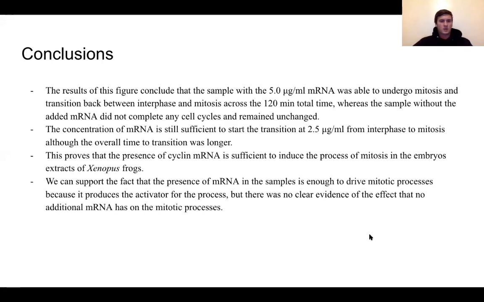So for the conclusions, the results of this figure conclude that the sample with the 5 microgram per milliliter mRNA was able to undergo mitosis and transition back between interphase and mitosis across the 120-minute total time period, whereas the sample without the added mRNA did not complete any cell cycles and remained unchanged. The concentration of mRNA is still sufficient to start the transition from interphase to mitosis at a concentration level of 2.5 micrograms per milliliter, although the overall time to transition was longer.